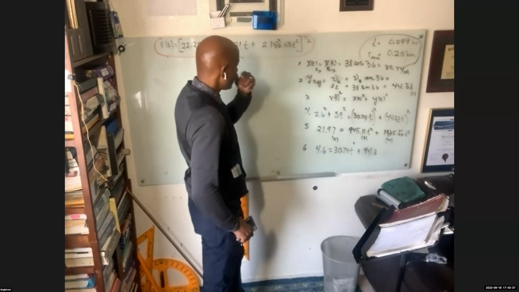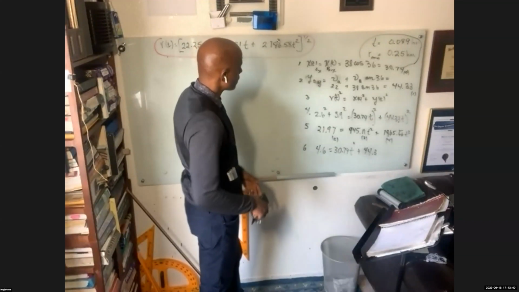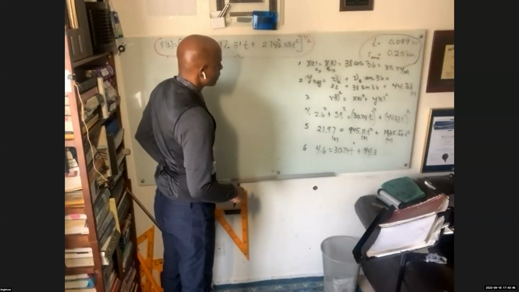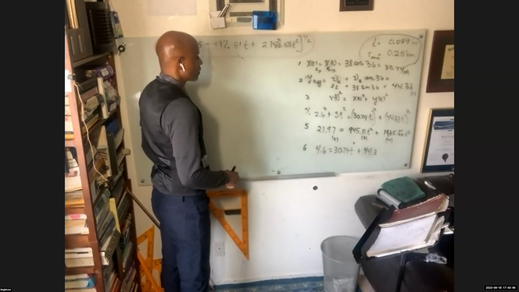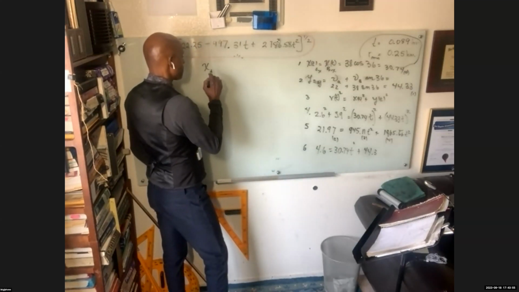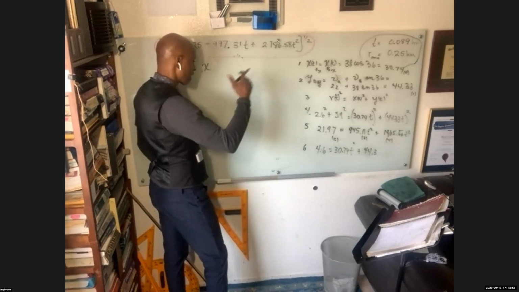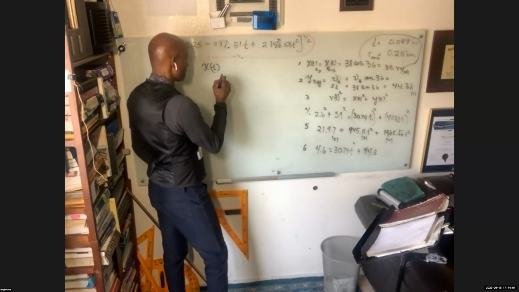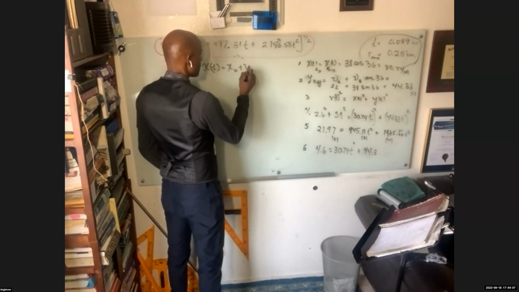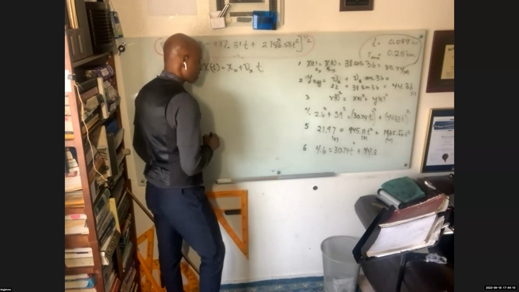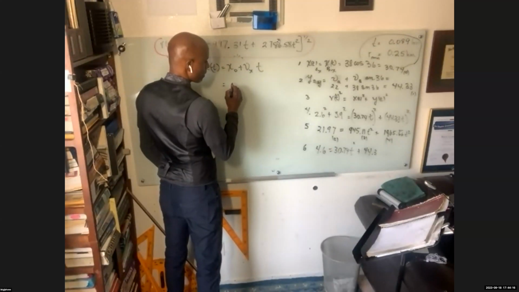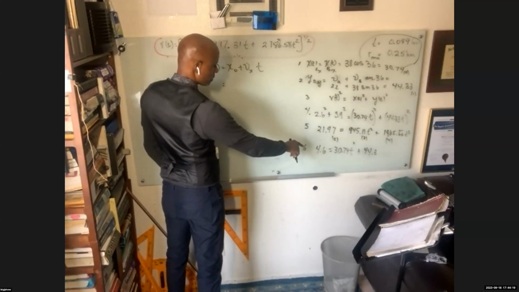I have to have the initial conditions up here. It's really using the equations of motion. What we want is the distance. So the x component of the line between the objects, x of t, is equal to x naught plus vx times t. The x naught is the 2.6.